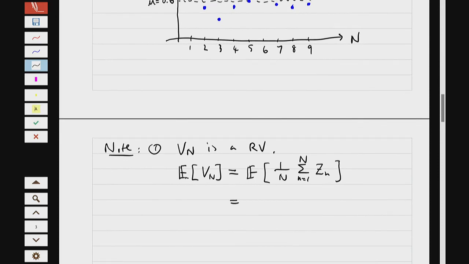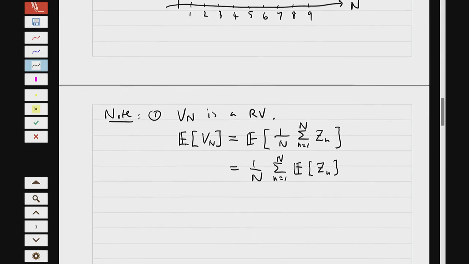And expectation is a linear operator, so you take the 1 over n outside, and then you put the expectation inside the sum, like this. Now we're all set, because E[Zn] is equal to mu.